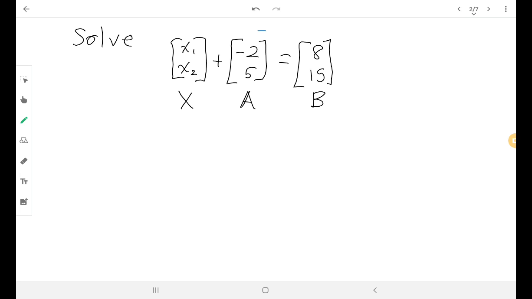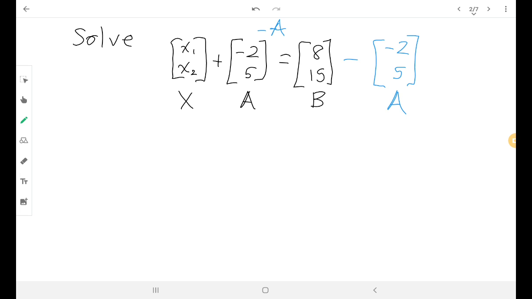So I want to do minus A, and I'll write it that way up there. And then down here, I'll do minus A, and I'll actually write the matrix. Okay? And so now I've got A over here, right?